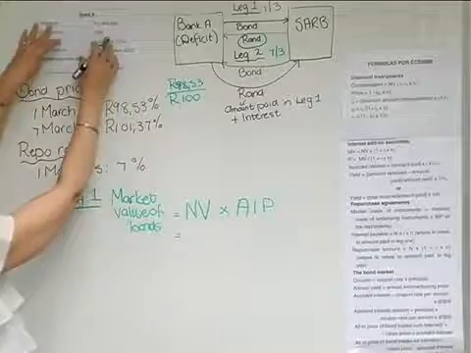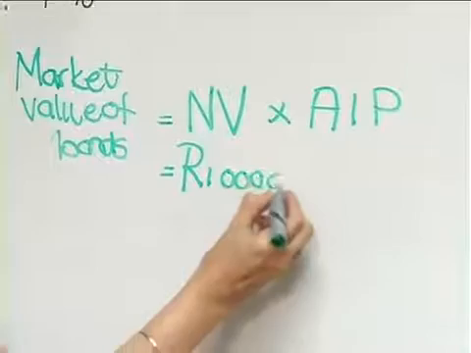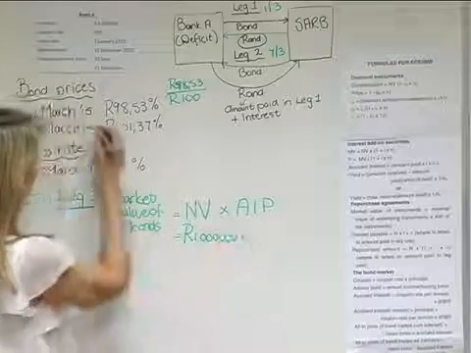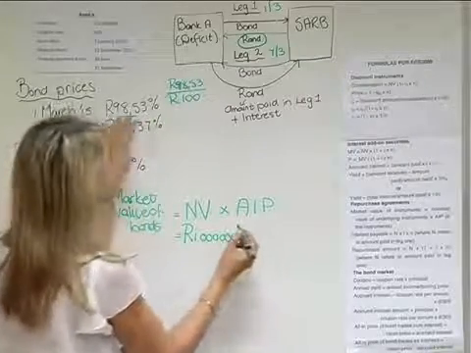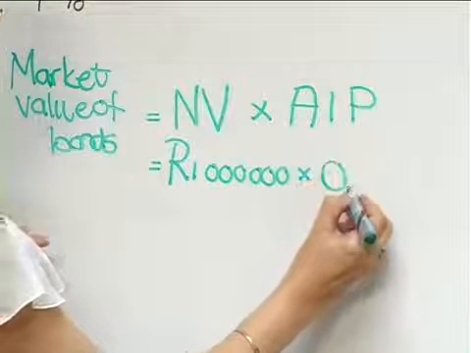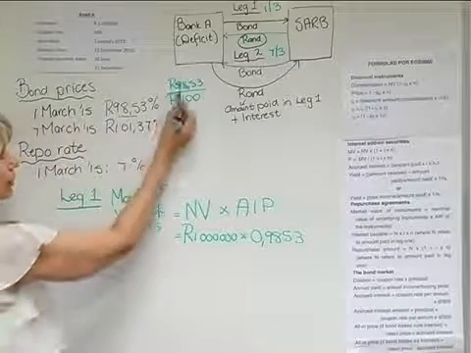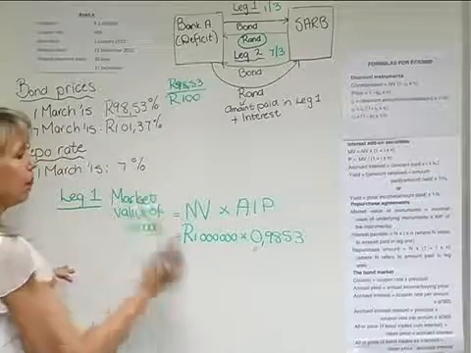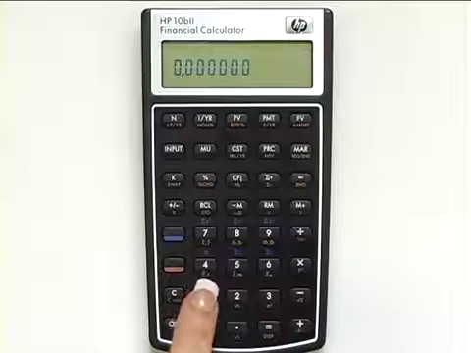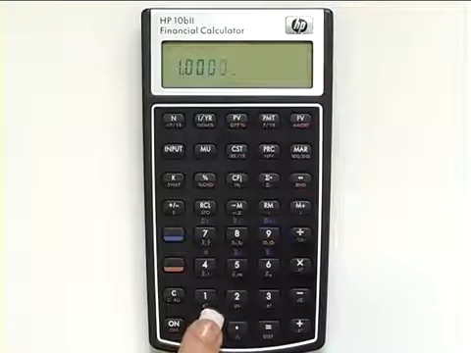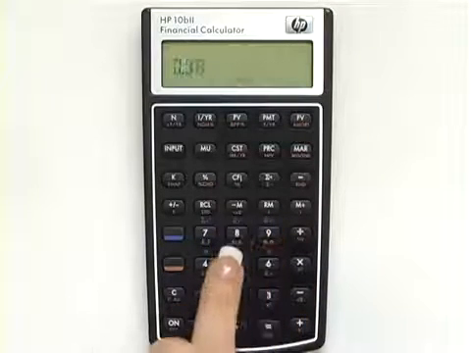Now the nominal value of this bond is 1 million, and the all-in price on the date of the first transaction, as you can see, is 98.53, so 0.9853. So you use 98.53 divided by 100. If you do that calculation using your calculator, it is 1 million times 0.9853.